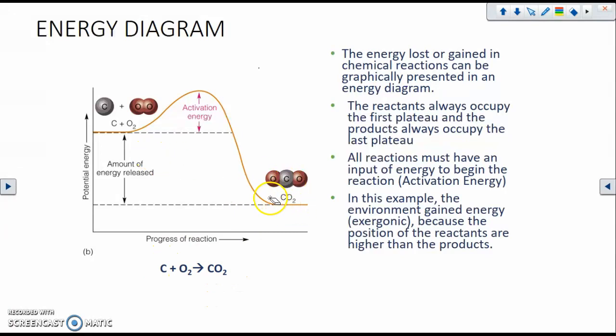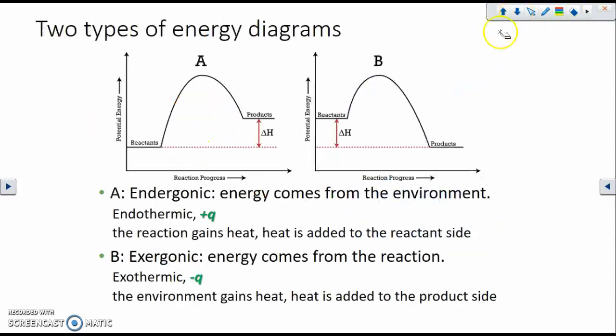And as you can see, folks, if you're going to go backwards, you're going to be gaining heat, right? You need to gain heat from the environment in this case, all right? So again, 2 types of energy diagrams.